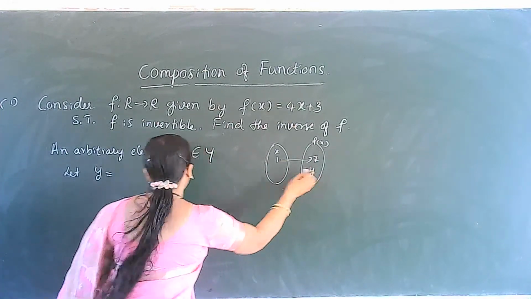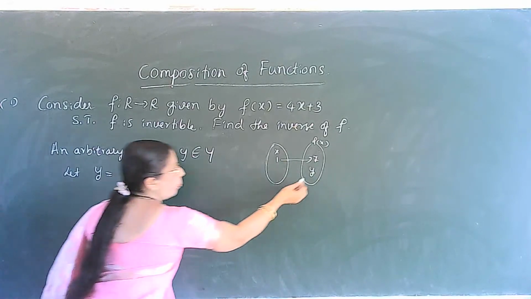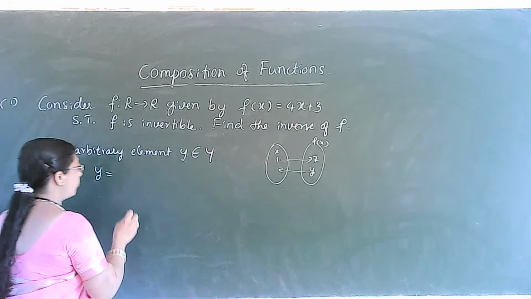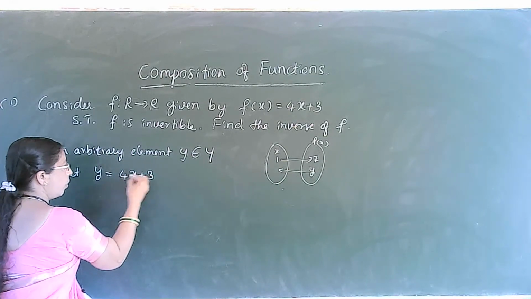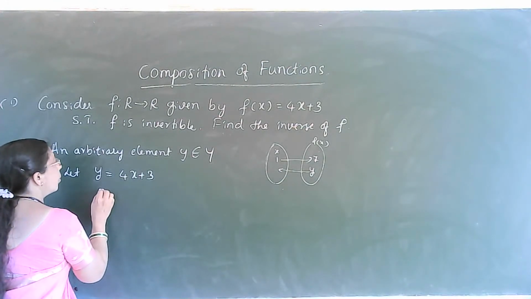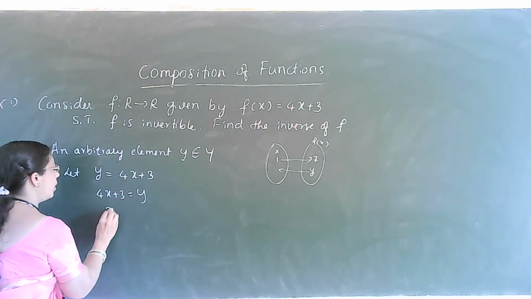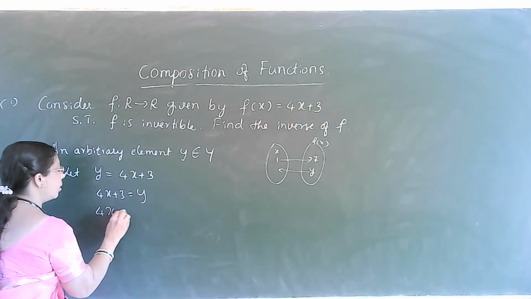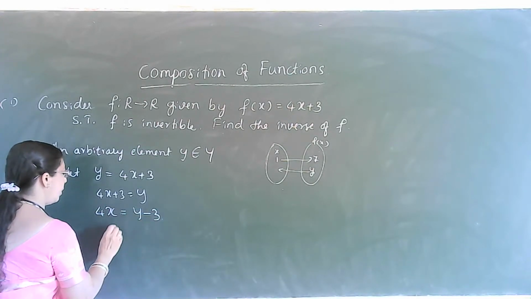Here we select y and find the pre-image. Therefore, y is equal to 4x plus 3. We find the x value. 4x plus 3 is equal to y, so 4x is equal to y minus 3.